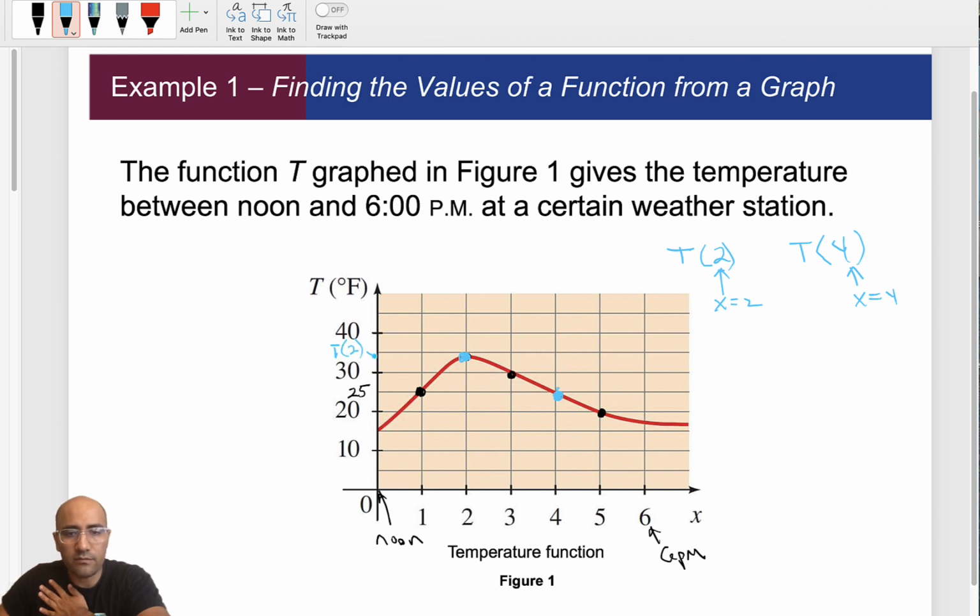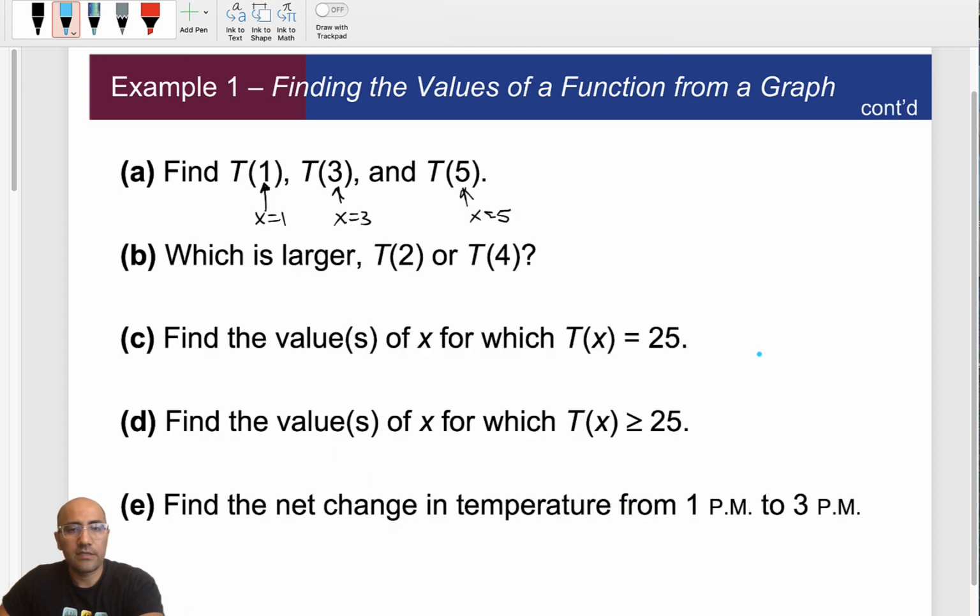T of 2 is somewhere around there, whereas T of 4 looks like it's somewhere around there, around 25. So here we can see that T of 2 is higher than T of 4, right? So T of 2 is greater than T of 4. Good. T of 2 is bigger than T of 4.